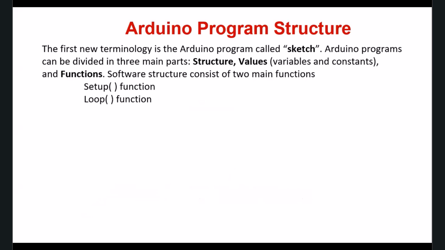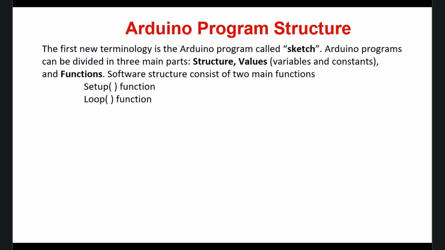First, we'll talk about the Arduino program structure. The first new terminology is that the Arduino program is called a sketch. An Arduino program can be divided into 3 main parts: structure, values, and functions. The software structure of Arduino consists of 2 main functions.